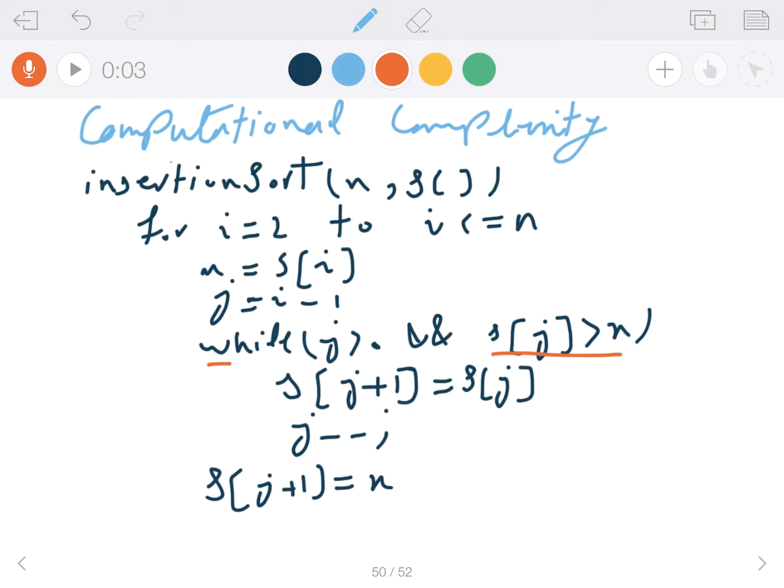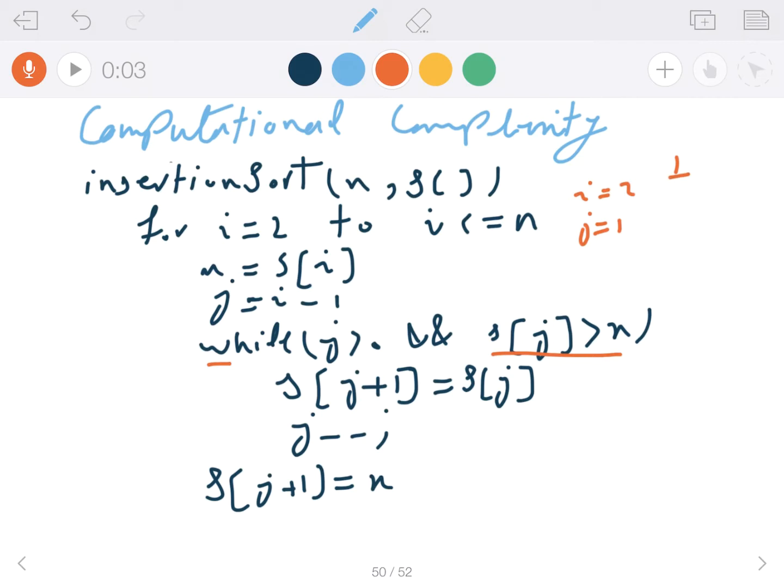So let's say that i is equal to 2. Then j at maximum is 1, and there is no other value for j because j should be greater than 0, so only 1. So when i is equal to 2, we have only one comparison.